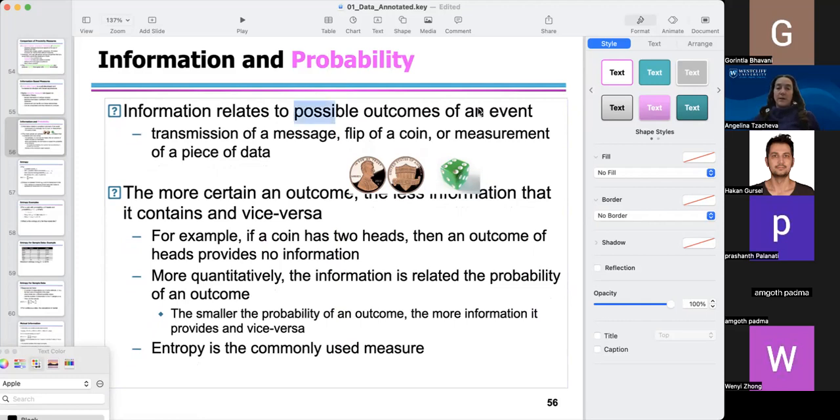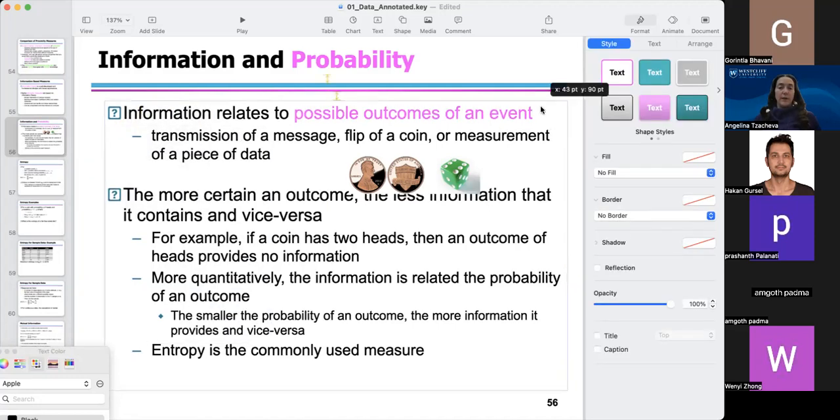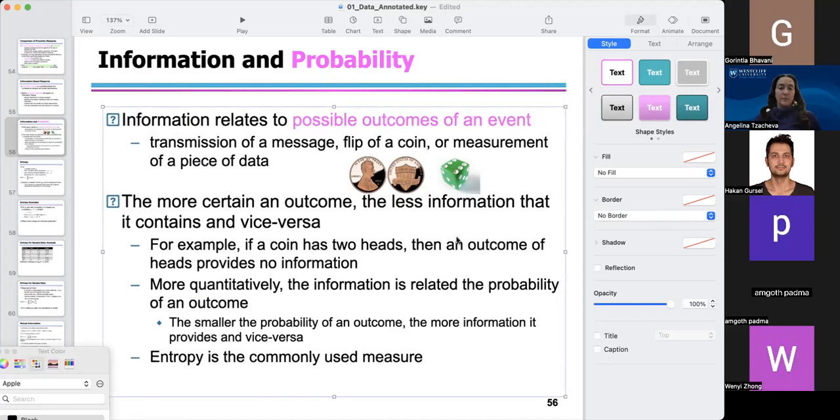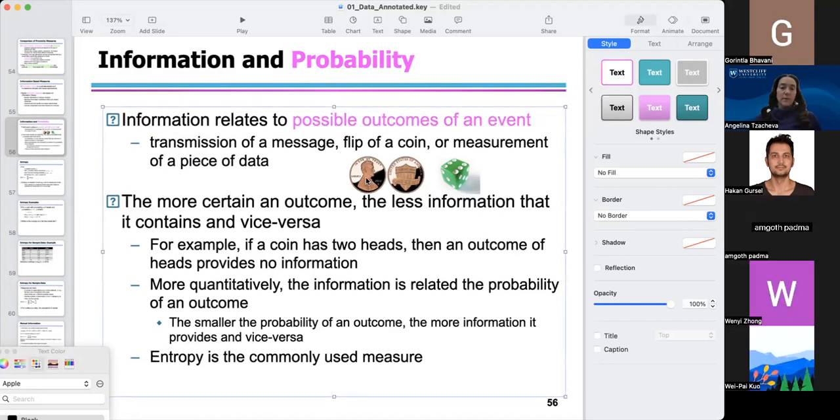So let's say we kind of are predicting what is going to happen. For example, if we take a coin and we flip it, we could get either heads or tails. So what is the probability that we will get heads versus tails?